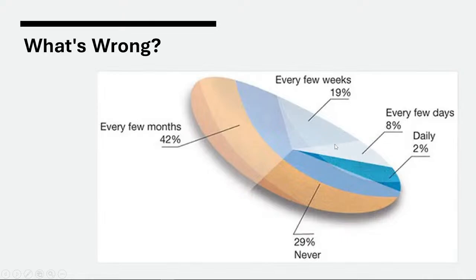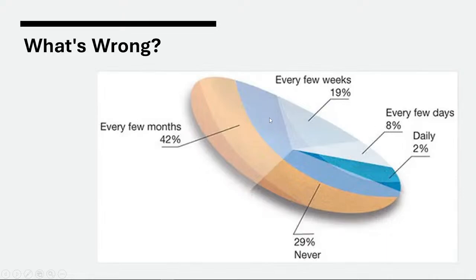And the only distinction between them is the shading, which is almost impossible to see with this weird multicolored background. Being at this angle also makes the representation very odd. This 2% slice almost looks as big as the 8% slice, even though 2% should be a fourth of the size of this.